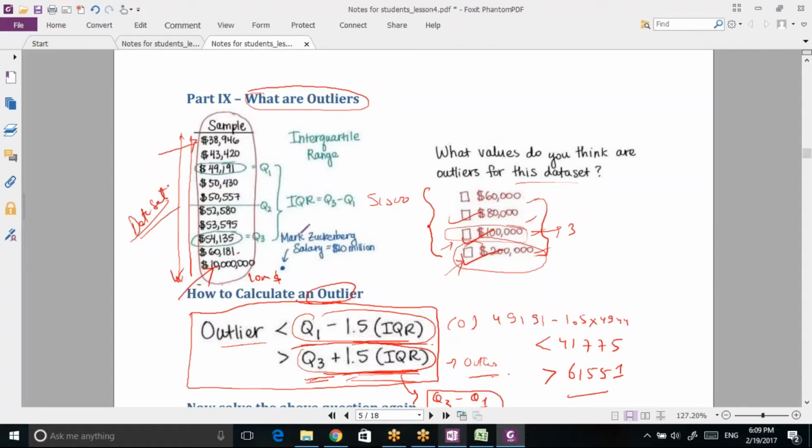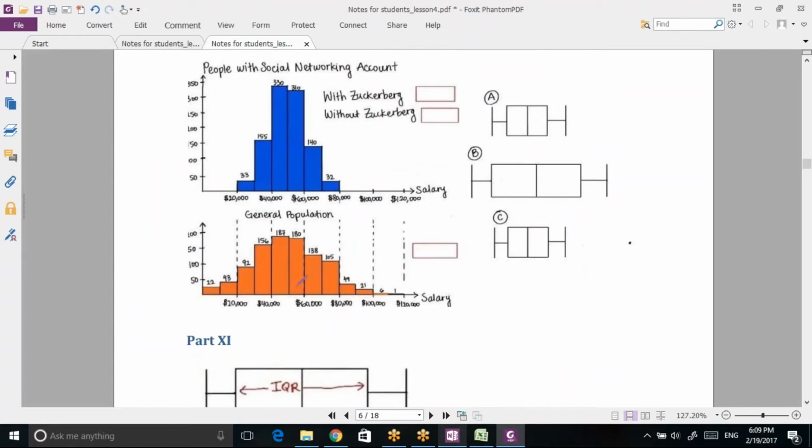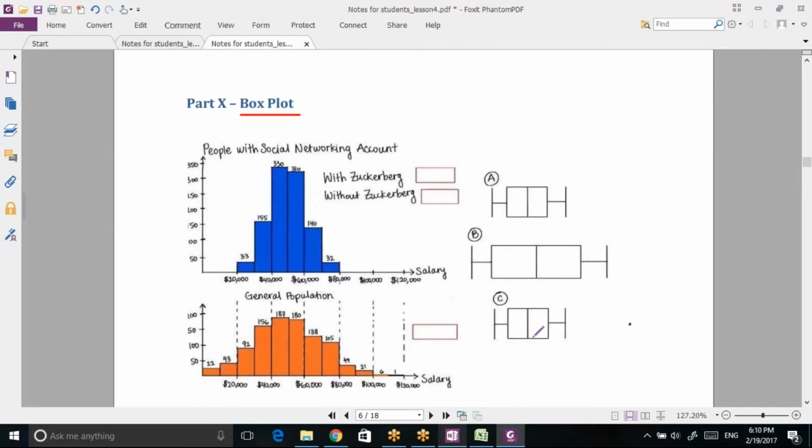Now the question here is, I have drawn 3 box plots over here, 2 for the social networking account and 1 for the general population.